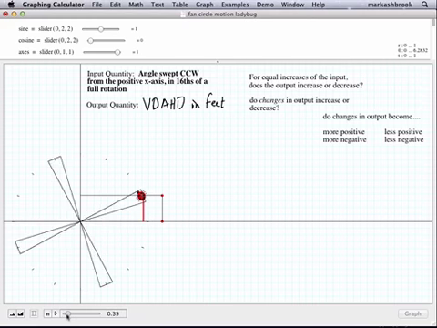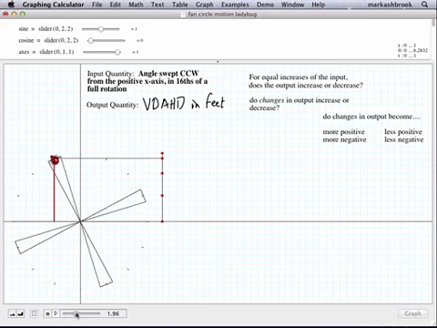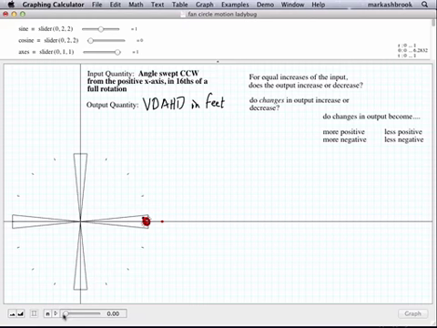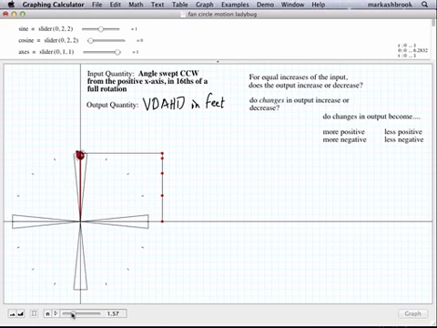In the first quadrant, what does the height of the bug do? It goes from what to what? 0 to 1. Agree with that? Vertical distance above the horizontal diameter in feet goes from 0 to 1.